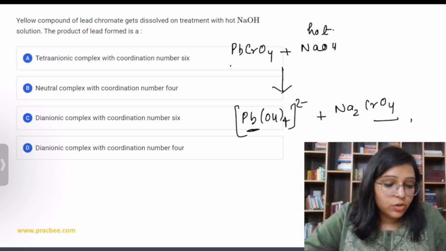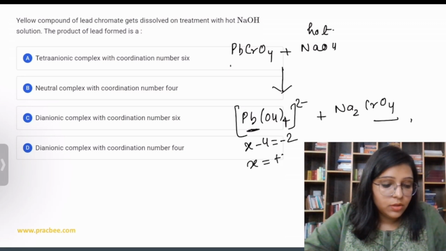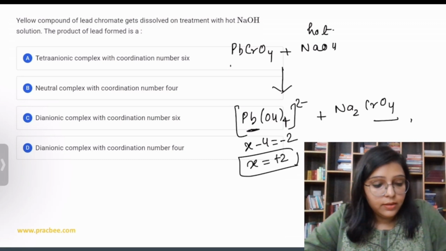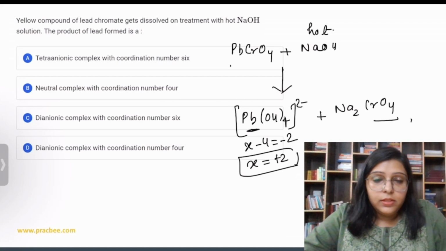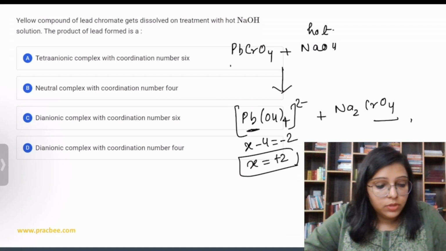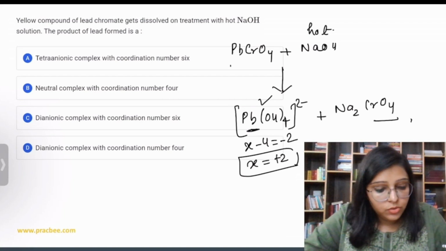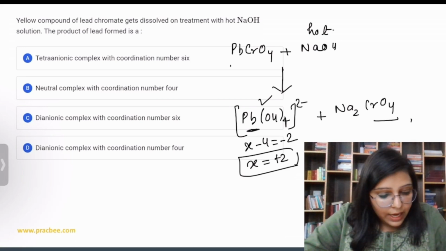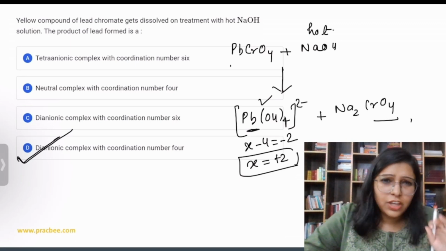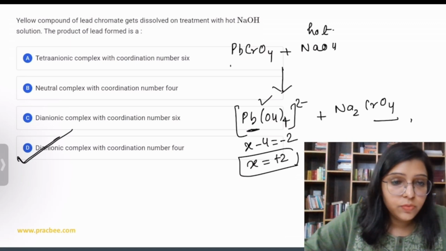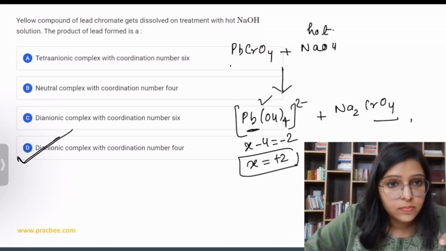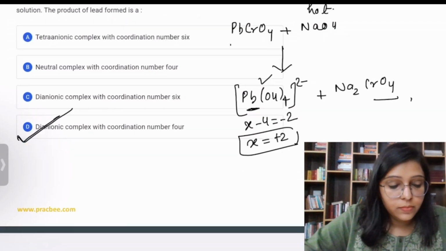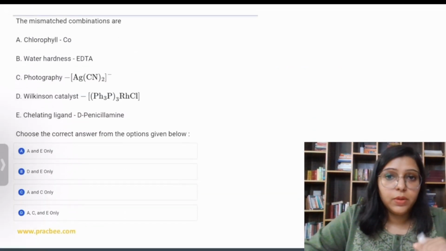Here lead is in which oxidation state? x minus 4 is equal to minus 2, and x is equal to plus 2. So we get a dianionic complex with coordination number 4. Yes, it is true. Generally complexes of coordination number 4 and 6 are possible, and in general they are more stable.